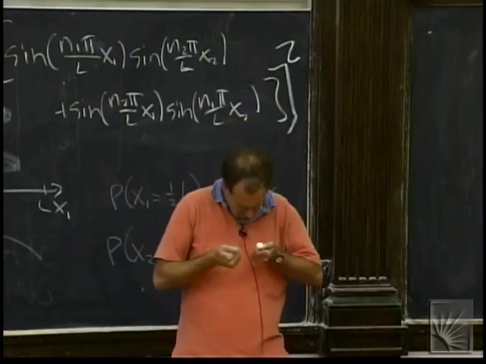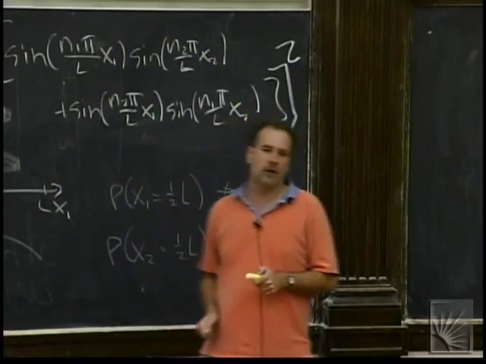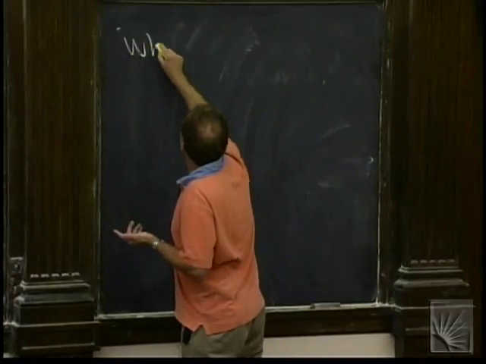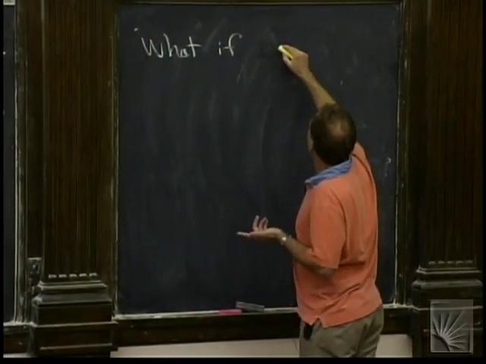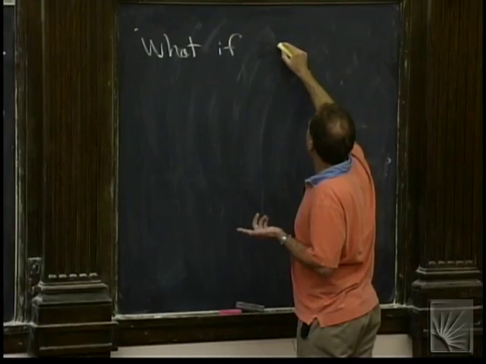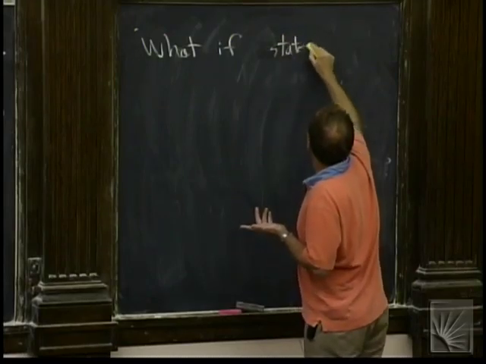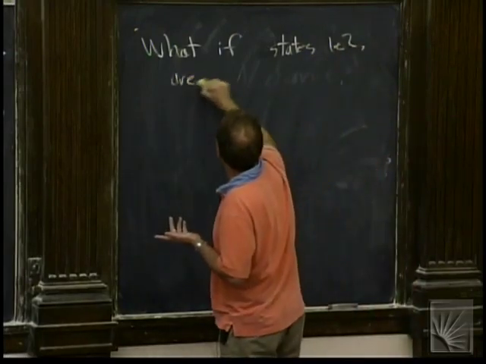Go look at your book and stare at that a minute and make sure you understand that. I wish I could write a formula for that, but there's not really a formula for it. But look at this most extreme case. What if states 1 and 2 are the same?